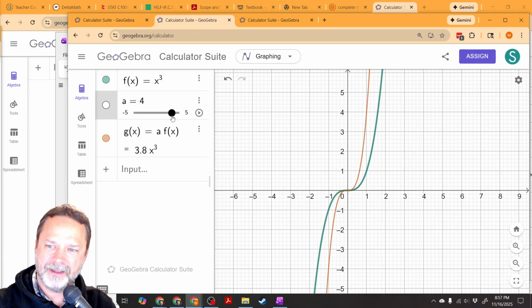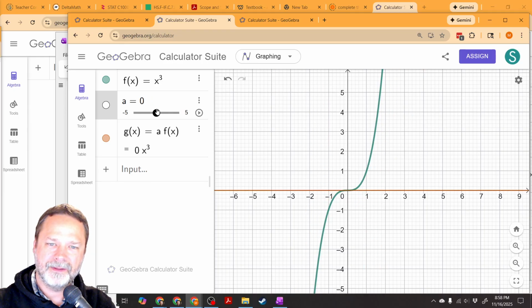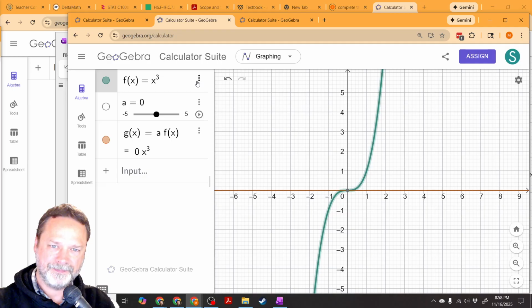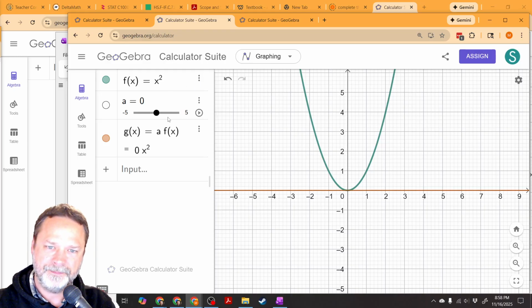As a gets bigger, we get stretched. If we get between 0 and 1, we can see it's getting pushed down, and if we go negative, of course, it's getting flipped. It's the same deal. And so that's looking at x cubed. Let's look at x squared. Take a look at that.